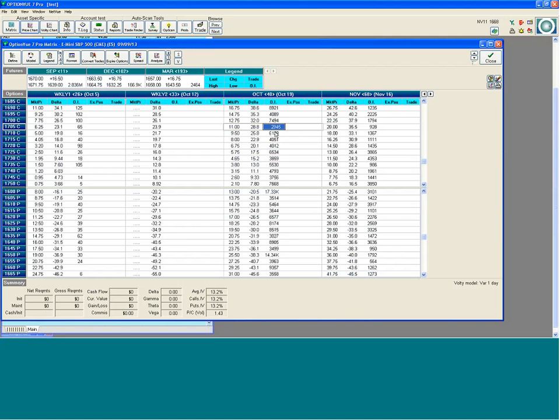And that's really where OptionView also shines, because you can see by changing some of your strike prices and changing your net delta exposure, how your margin will be affected. Obviously, the higher your positive or negative deltas, the greater the margin will be. The closer to neutral you will be on your net delta, the lower the margin will tend to be. The less your vega exposure, the lower the margin will be.